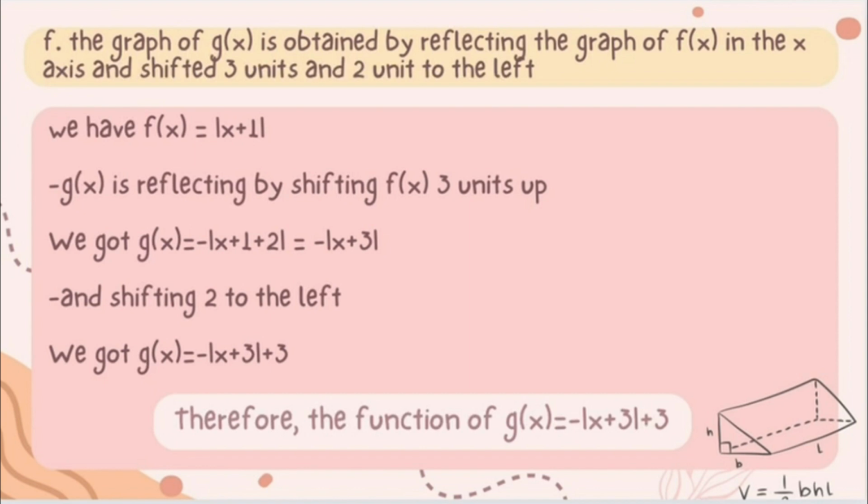So we get g(x) equal to negative absolute value of x plus 1, plus 3. And if we shift 2 units to the left, then we get g(x) equal to negative absolute value of x plus 3, plus 3. Therefore, the function of g(x) is negative absolute value of x plus 3, plus 3.